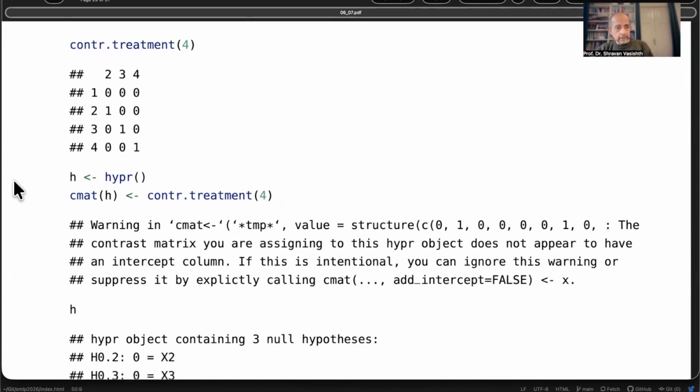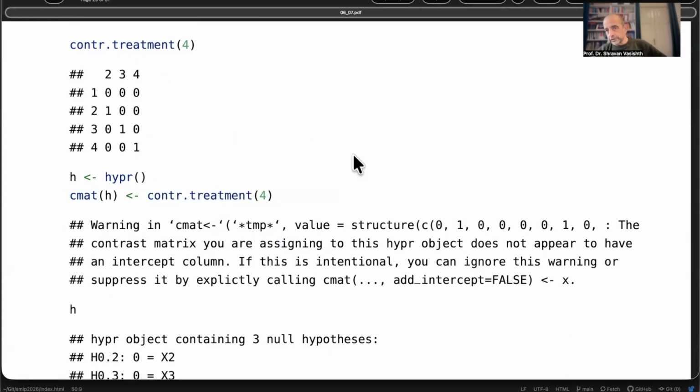Now, if you were to create an empty hypr object and put in the treatment contrast, this thing that I just showed you, into the hypr object using the cmat function. So you're telling the hypr object that the contrast matrix should be the same as the contr.treatment function's output, this thing here.